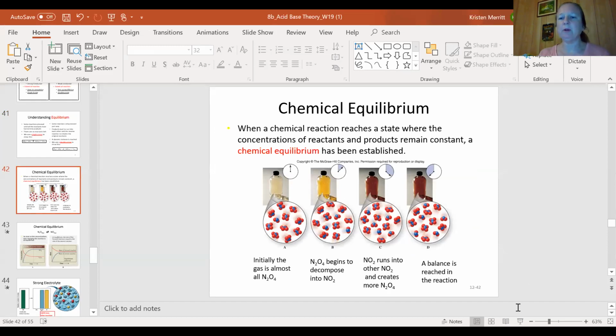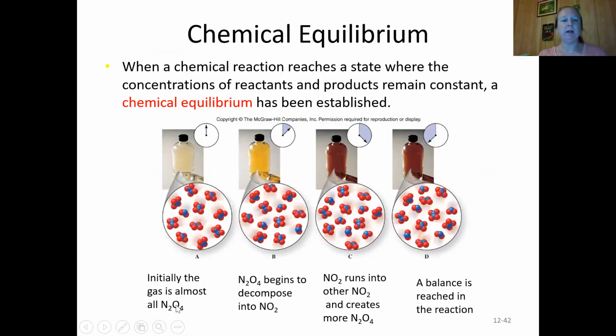So this is a visual pictorial example of what's happening at equilibrium. We have dinitrogen tetroxide, and I'm just going to call it N2O4, it's quicker. Initially, this is pure. You put some in a container, and that's the only thing there. But they can decompose. So it starts decomposing into nitrogen dioxide. And notice there's no charge here, so this is not a polyatomic anion.